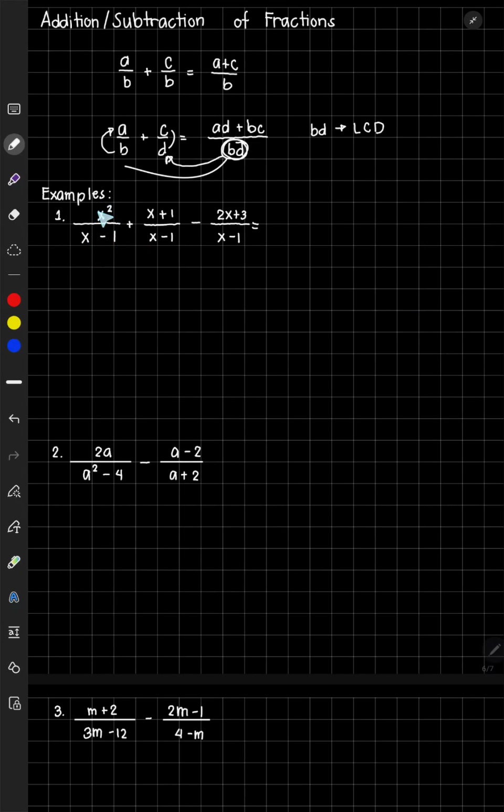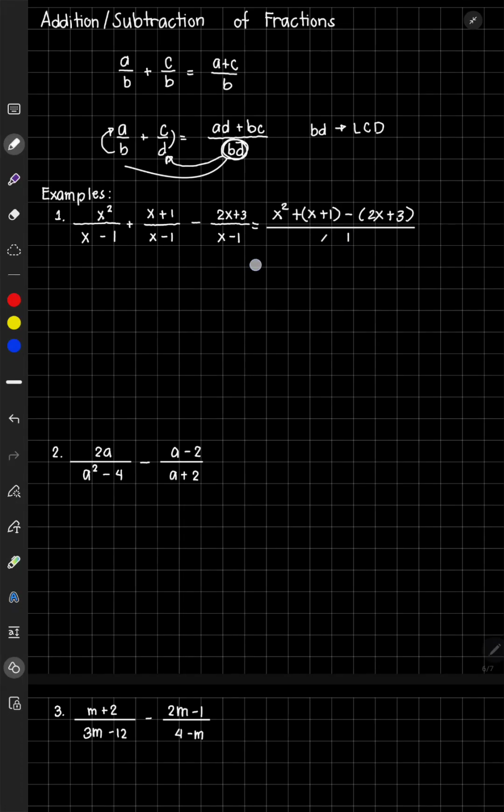So let's simply add x squared and x plus 1, then subtract 2x plus 3 for the numerator. So we have x squared plus x plus 1, minus 2x plus 3, all over, since they are the same denominators, x minus 1.